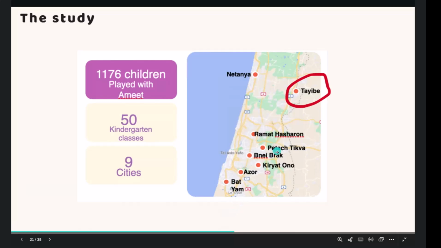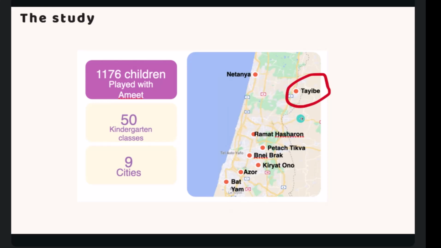But we also visited kindergartens in Taibe, which is a mostly Arabic-speaking town, and the kindergartens that we visited there were Arabic speaking.